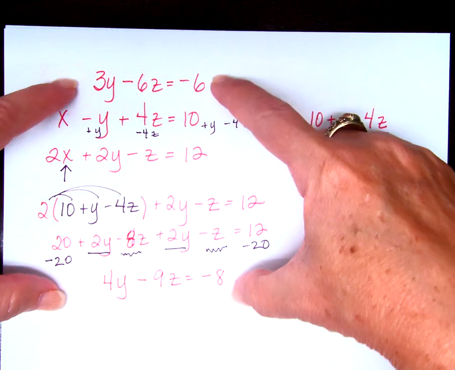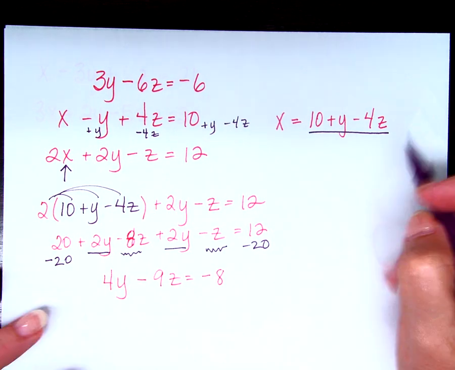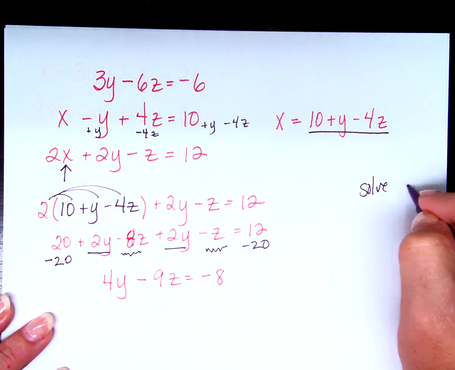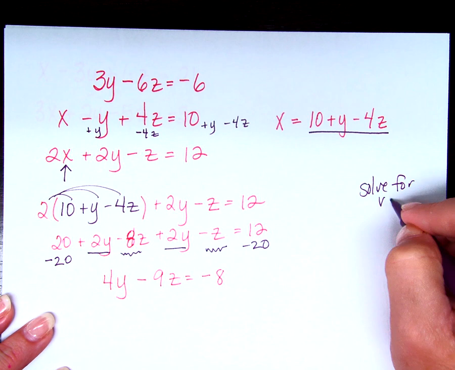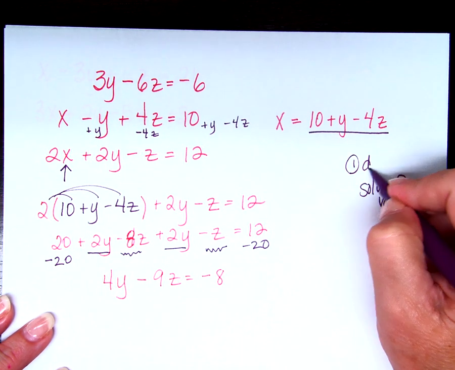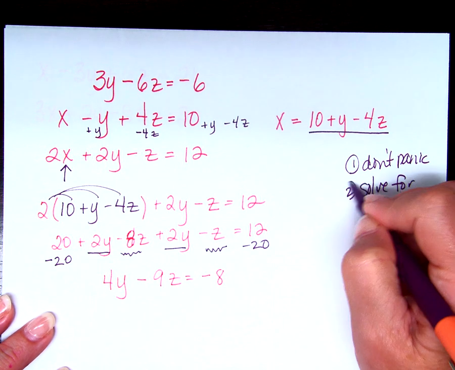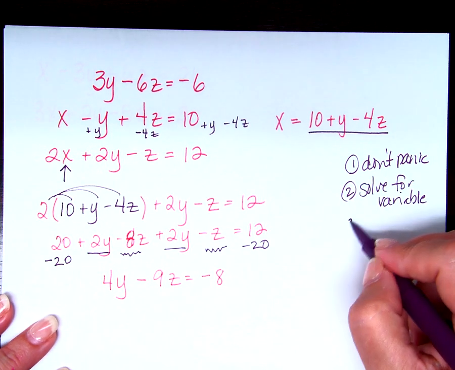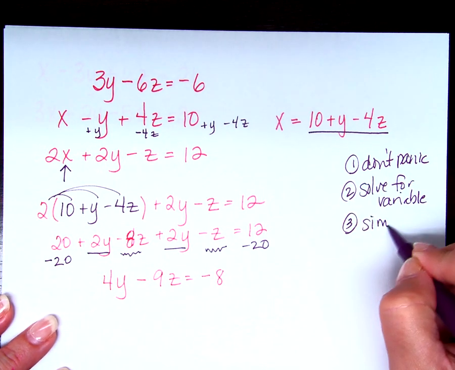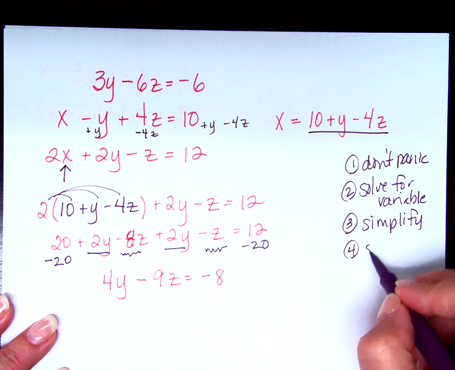I look at these two equations right here and solve for a variable. Okay? So it's like I solve for a variable. Oops, I forgot step 1. Don't panic. Step 2, solve for a variable. 3, simplify. And then 4, solve for a variable, right?